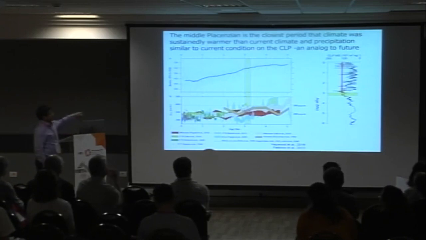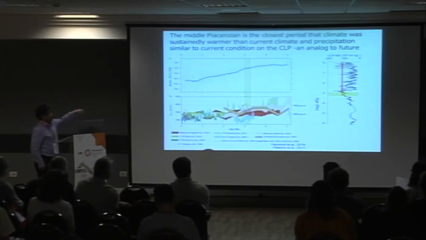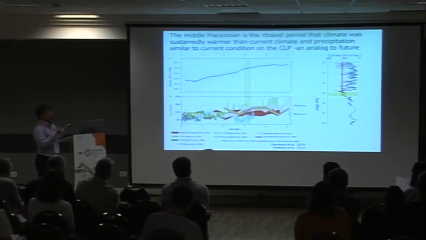The other consideration is that in the early Pliocene, the boundary conditions weren't exactly the same as the current condition, with the Tibetan uplift and the Panama Seaway closure perhaps occurring around 4 million years ago. So I will argue that the mid-Pliocene is a better analog to the future climate than the early Pliocene.